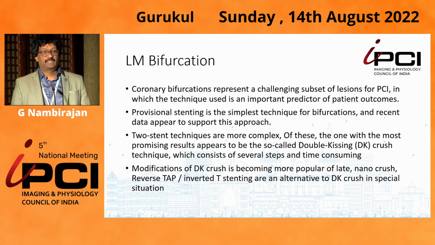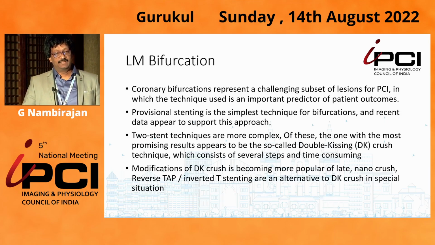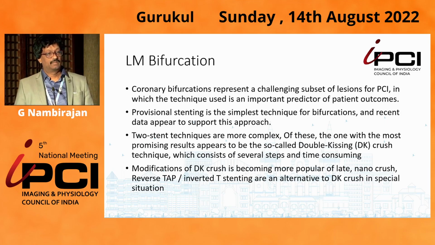Among the 2-stent techniques, DK crush has been favored by all because of the data, because it can achieve very good stent apposition and stent expansion in the side branch among all the 2-stent techniques.